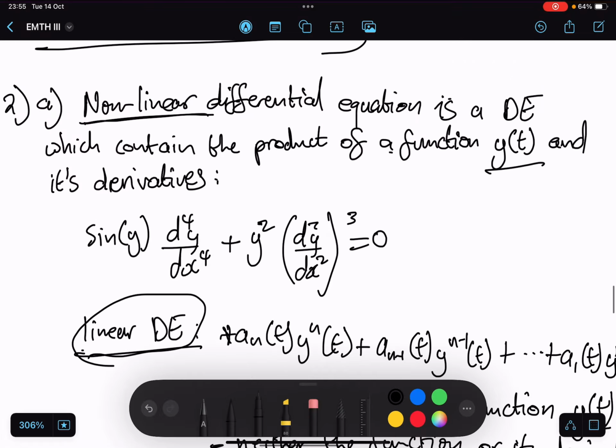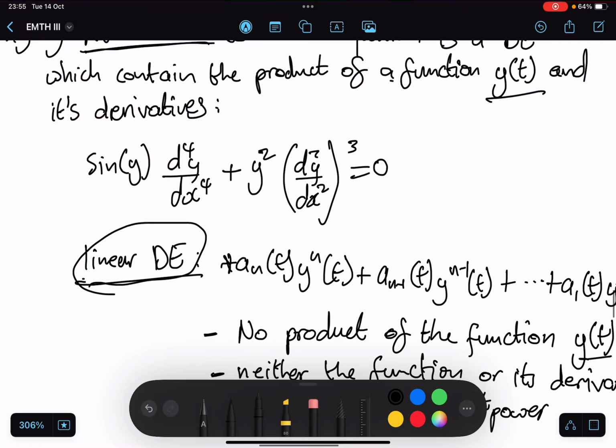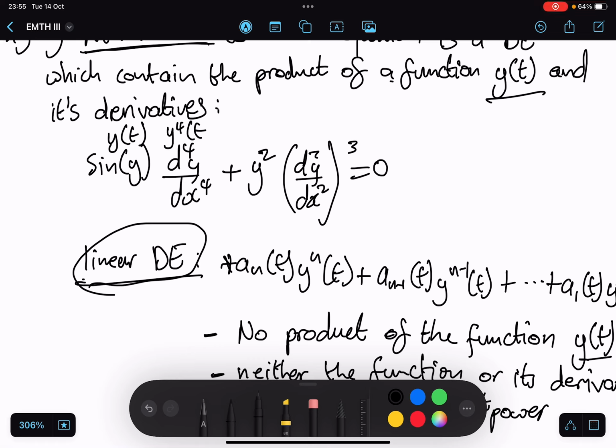So that's how you can define a nonlinear differential equation. Also, in this example, this is the function y of t and its derivative, and they are a product, you see. That's why this is an example of a nonlinear differential equation.